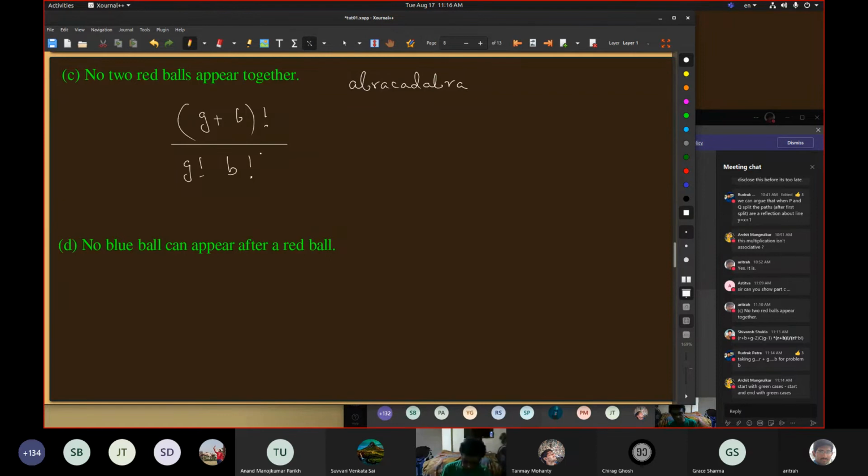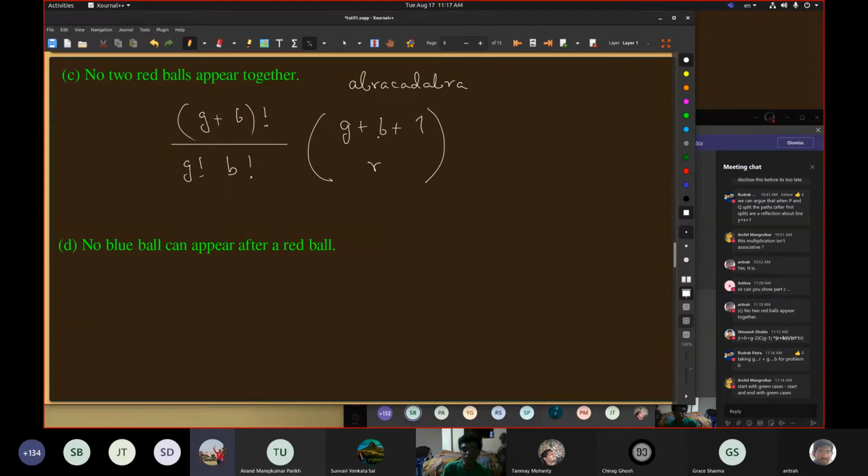So how many positions are there? G plus B plus 1, and I have to choose any R of this. Okay. So then somebody raised the question, what happens if R is bigger than this quantity? R is greater than G plus B plus 1. Then what is this combination?